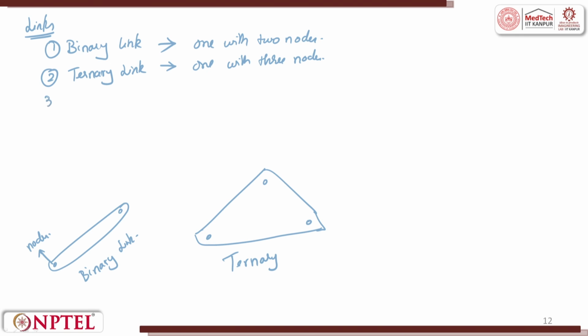You can also have a quaternary link. So, what is quaternary? One with 4 nodes, which looks something like this.